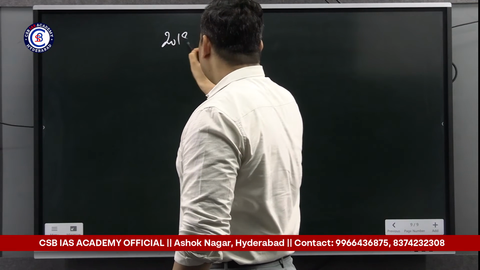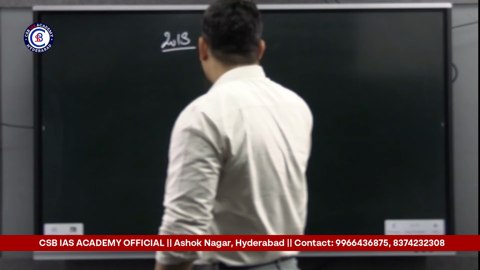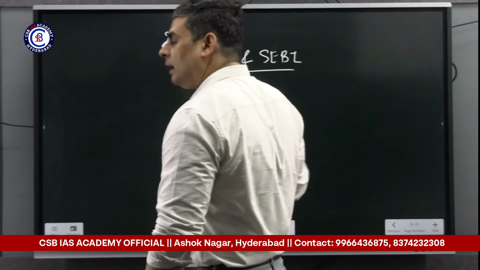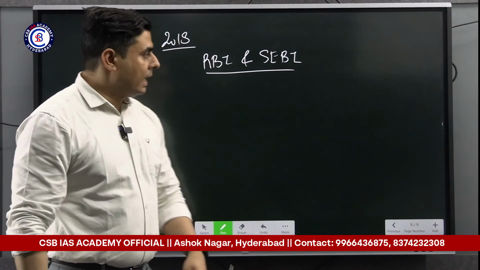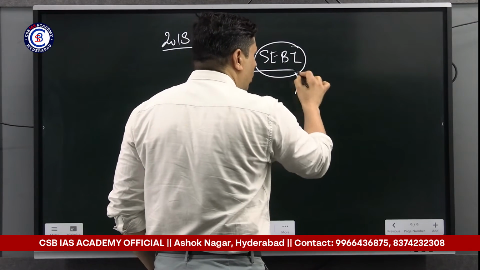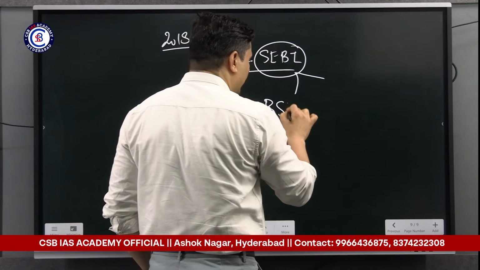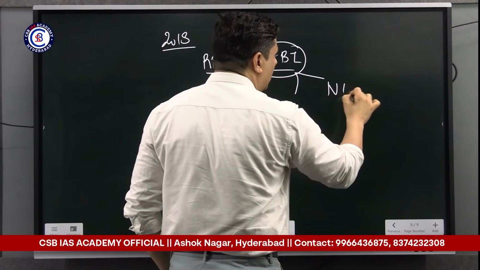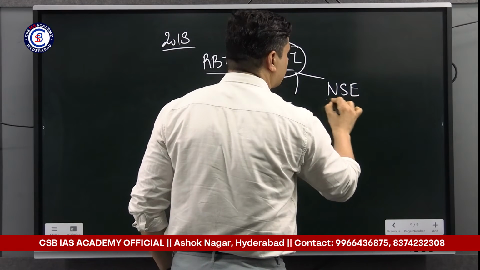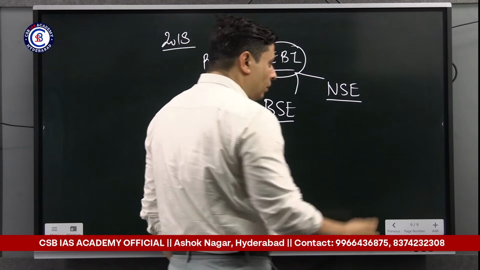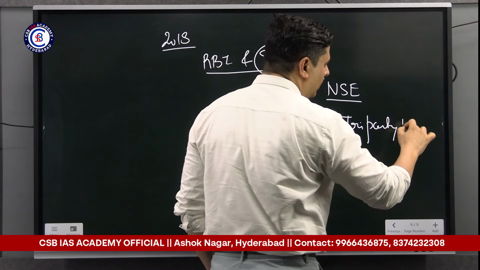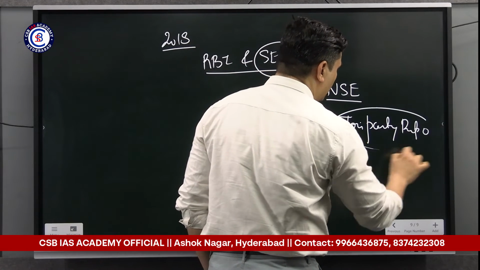Fine. So what happened in 2018? In 2018, RBI and SEBI held a discussion, and under that discussion, SEBI allowed Bombay Stock Exchange and National Stock Exchange to participate in tri-party repo.